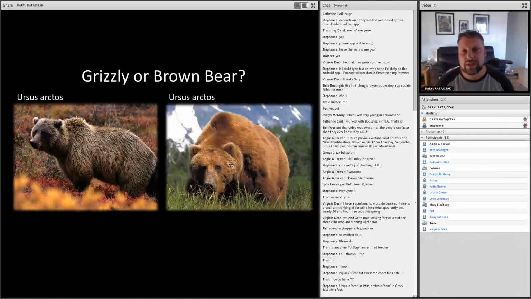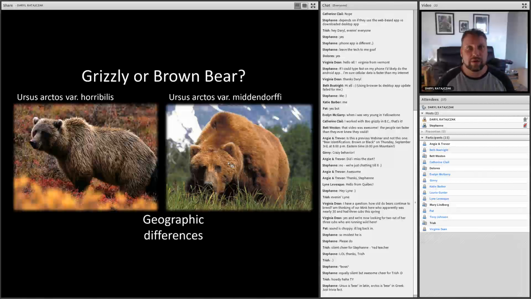And so that's what we're seeing here with these grizzlies and brown bears. They're all brown bears. But if you look at the grizzly, the variety has the greatest name of a variety ever. It's Ursus arctos horribilis. And those brown bears along the Alaska coast, especially if you're on Kodiak Island, is Ursus arctos middendorfi. And so, again, same species, just different variety or subspecies.